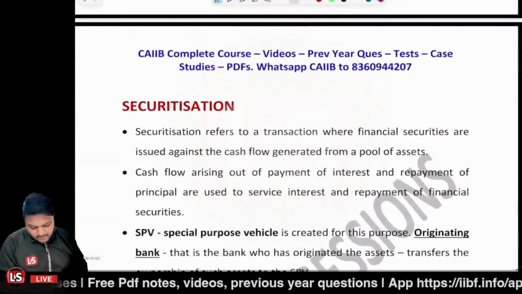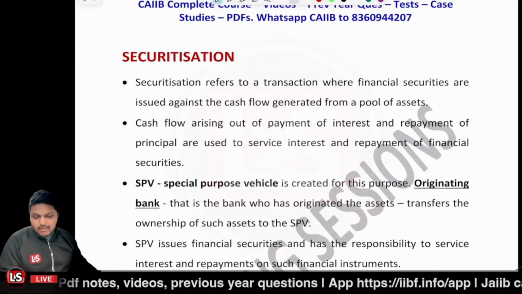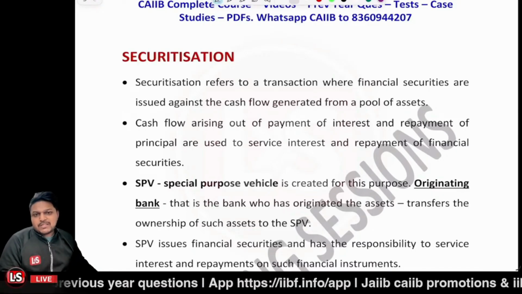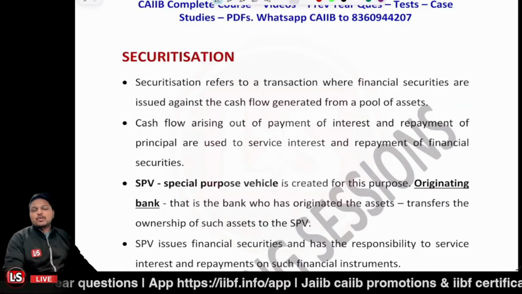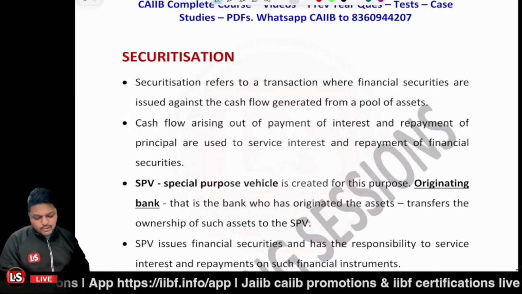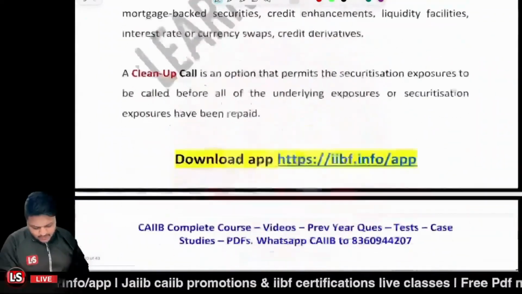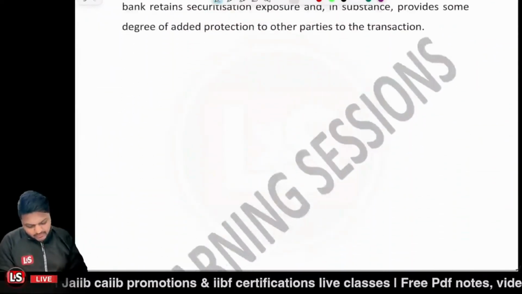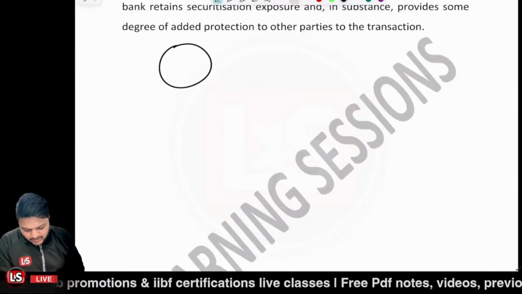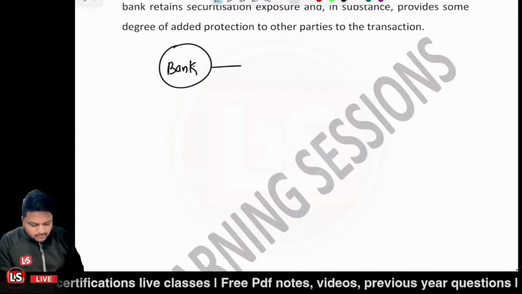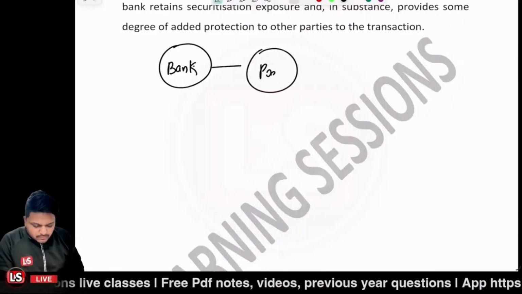And after that, it's about securitization. Now, I just told you somewhat about securitization. Securitization is a point where we are going to pool the assets. If I want to explain the points to you again, let me draw the diagram again here. So here we have the origination bank, which has the pool of accounts.